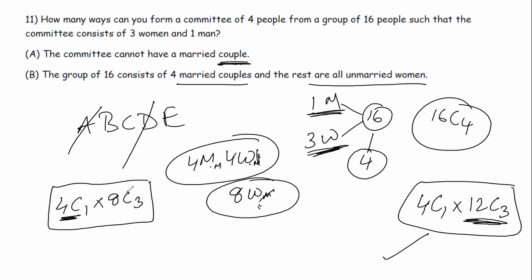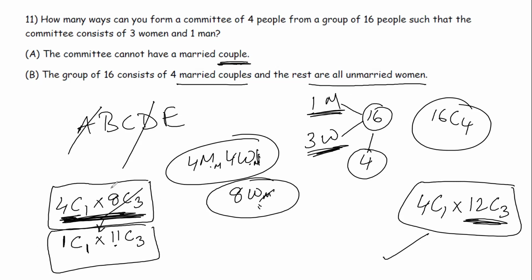But there is also a possibility: you pick a man and make sure that his wife is not in the group, correct? So out of the 12 women, we are picking from 11 women only. So that's one of the ways to solve this, right? This one doesn't consider that there could be 11 options, so this is not correct, but this is a correct way.